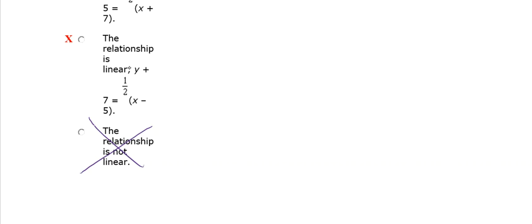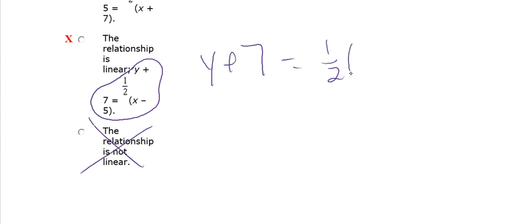There are also y plus 1/2 equals, y plus 7. Sorry, that 1/2 moves up high. y plus 7, 1/2 x minus 5. Oh, this is point slope form. Cool.